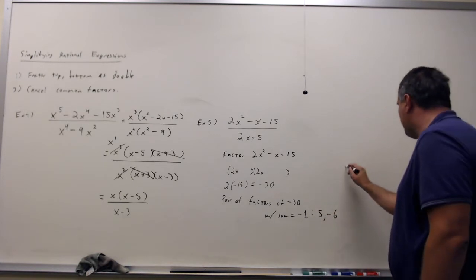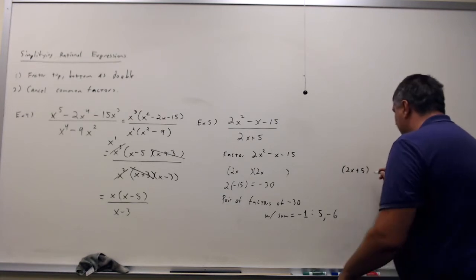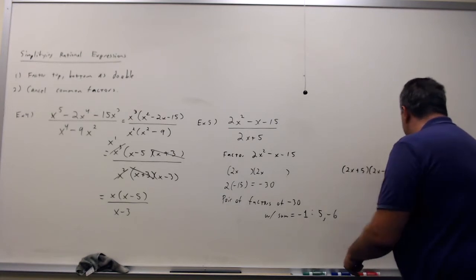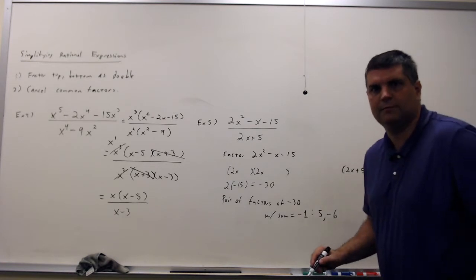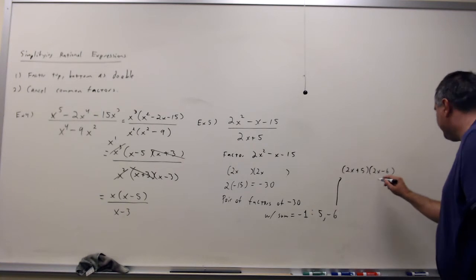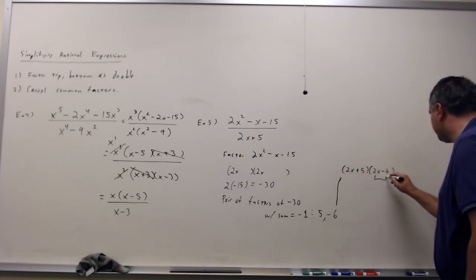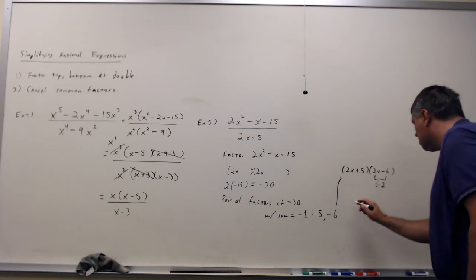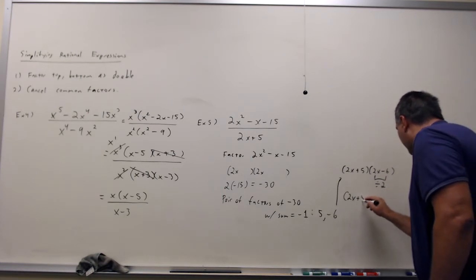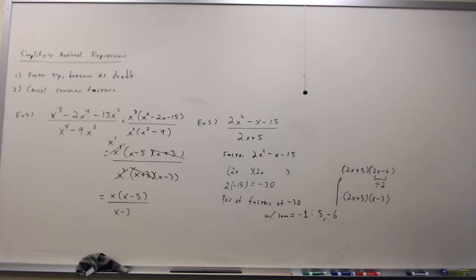So that would give me 2x plus 5 and 2x minus 6. These two are only divisible by 1, but these two are divisible by 2. So that would leave me 2x plus 5 over x minus 3.